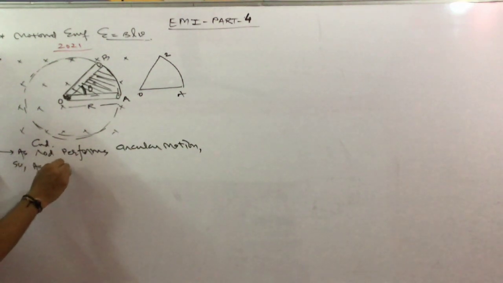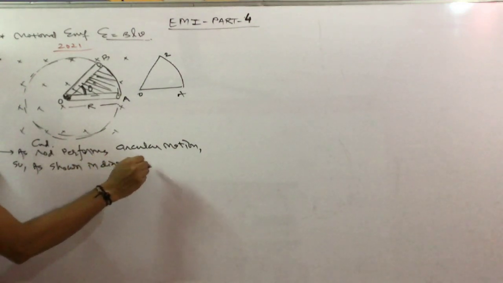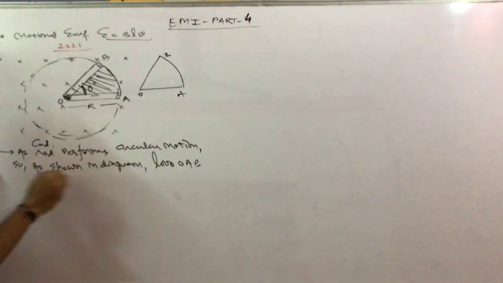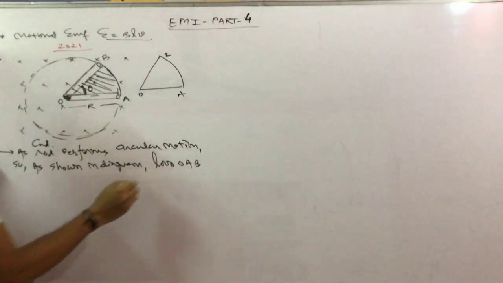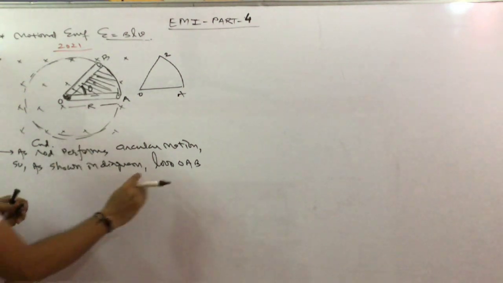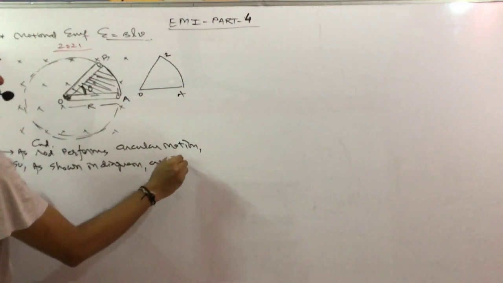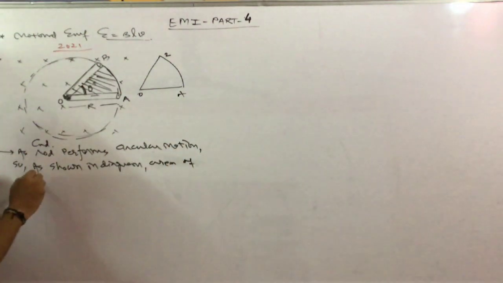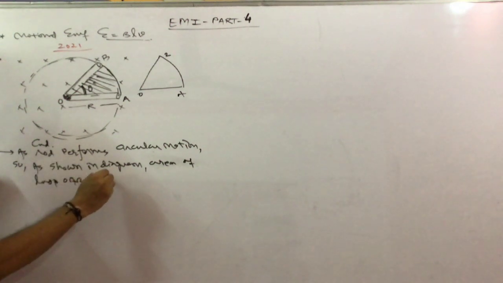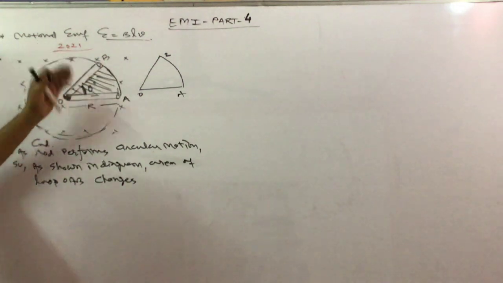As shown in the diagram, the area of loop OAB obviously changes. You can see the area changes continuously because of the motion.